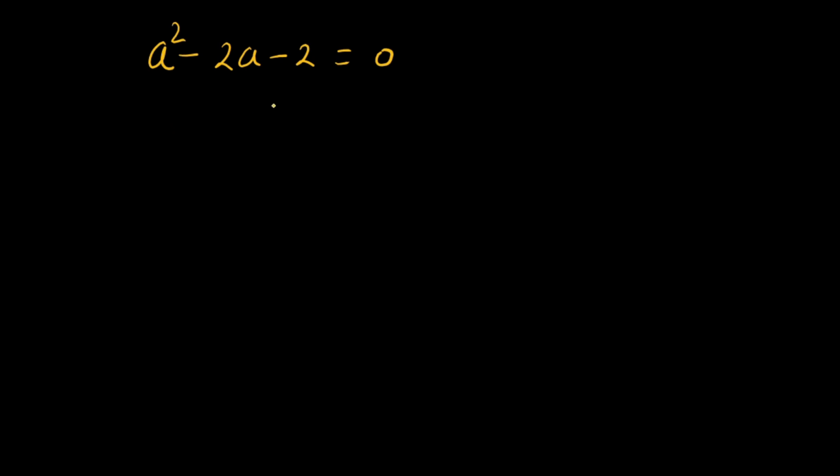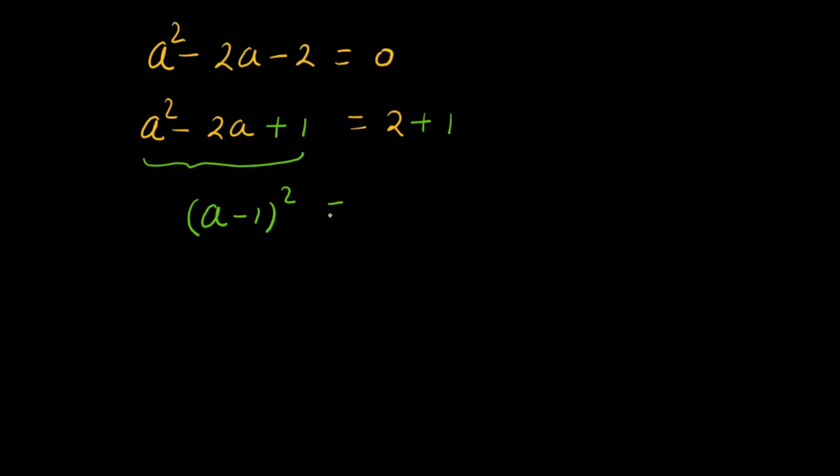This is a quadratic equation. Here a square minus 2a, and this negative 2 on the right-hand side becomes positive 2. If we add 1 to both sides, then a square minus 2a plus 1 is the same as a minus 1 whole square, which equals 2 plus 1, that is 3.